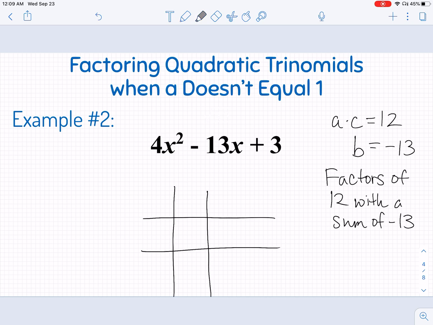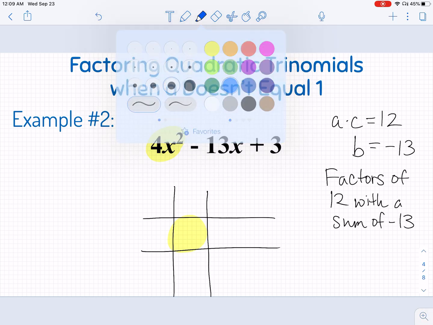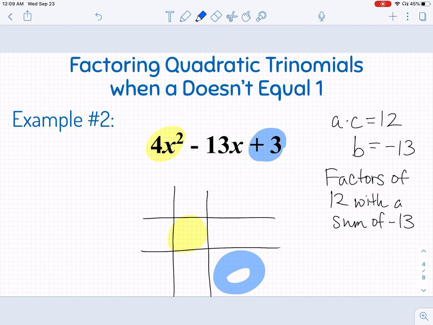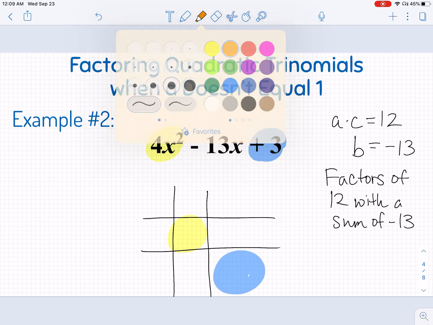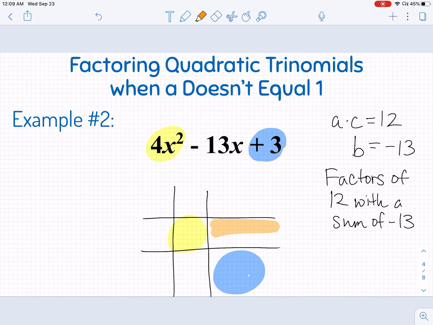Just like in that last problem, this goes here. This goes here. And then these two factors that we come up with go here and here. So we have our 4x squared and our 3. The two factors we came up with were 12x and negative 1x, and they can go in either of these locations.